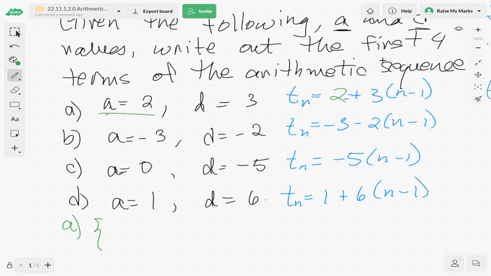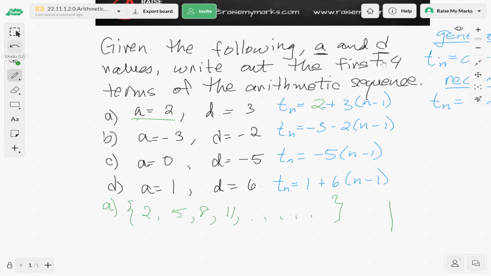So when n equals 1, first term is 2. When n equals 2, we add 3 to that. When n equals 3, we add 3 more to that. So our first 4 terms are 2, 5, 8, and 11. Good.